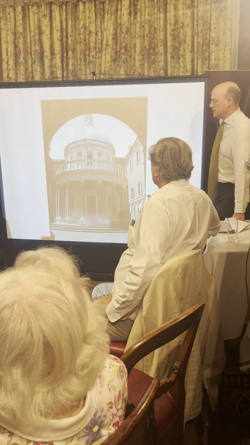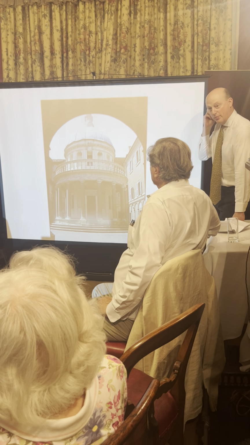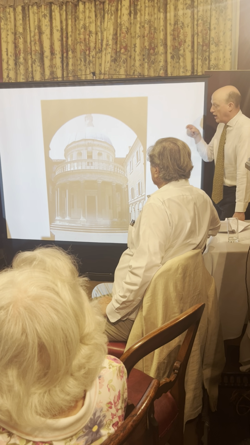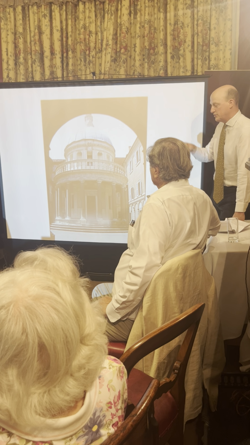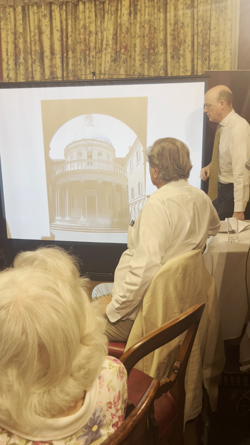Next slide, please. And that inspired another building, sort of building we're completely used to, the idea of a round colonnade with a round building within it. Again, we're just very used to this, but this is the first Renaissance use of it.